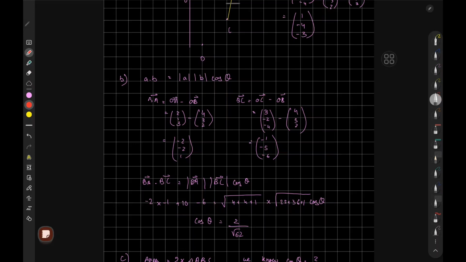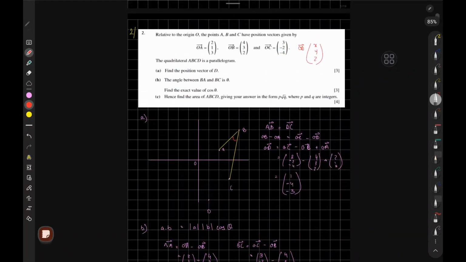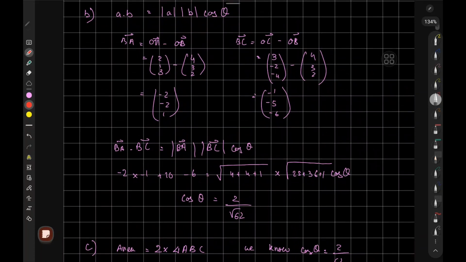Right, so the modulus of BA is going to be the root of all the squared values. So -2 squared plus -2 squared plus 1 squared, which is 4 plus 4, 8, plus 1, which is 9.